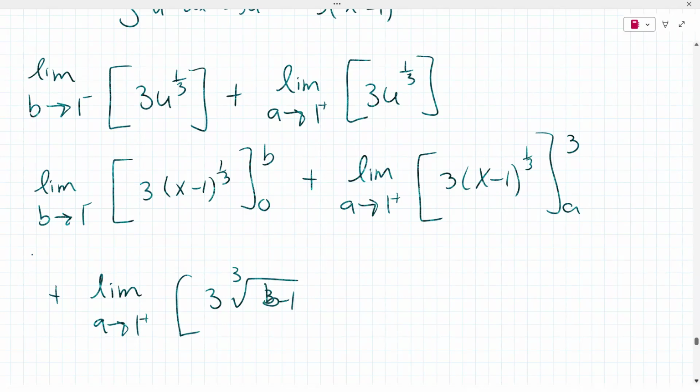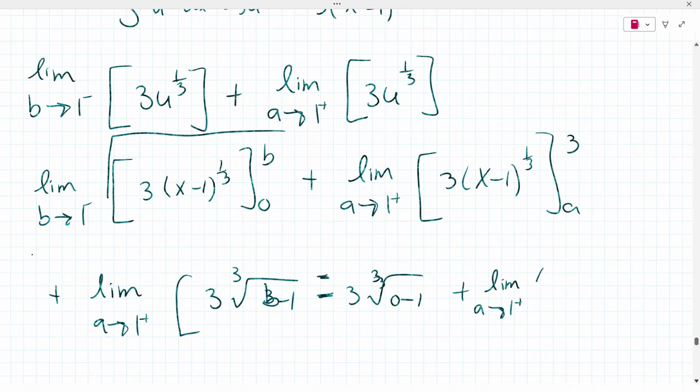Or no, it's b minus 1, minus, so I'm applying the fundamental theorem for this part right here, minus 3 cube root of 0 minus 1, plus the limit as a approaches 1 from the right, 3 cube root of 3 minus 1, minus 3 cube root of a minus 1.